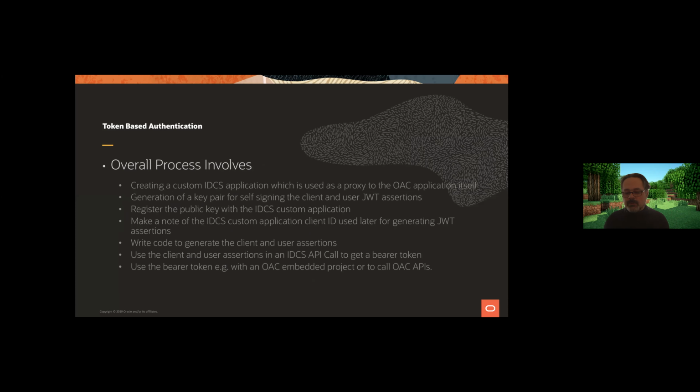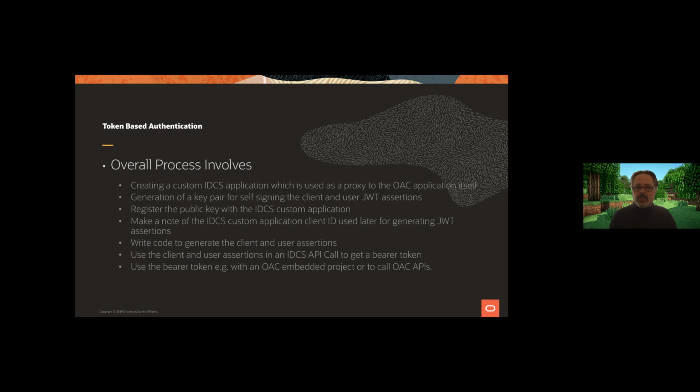Now, when you provision Oracle Analytics, you'll see that there's an application within IDCS which is specific to your Oracle Analytics instance. If you go to that application within IDCS, you will see that there are various tabs for configuration. You'll see a button on there that says Generate Token. Click on it, and you can then download a token.